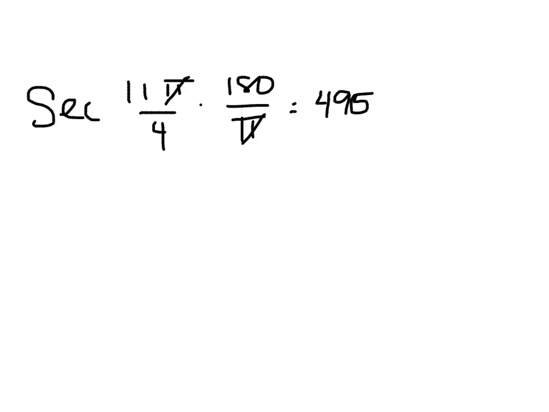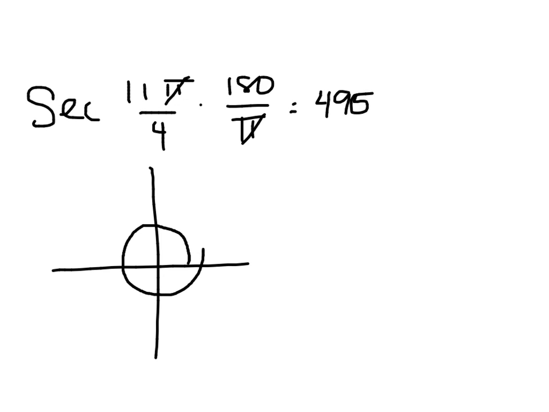So as far as finding secant, if you had 11 pi over 4, first thing I do, 180 over pi to get the pi's gone. If I take 11 times 180 and divide it by 4, I get 495. So a 495 degree angle: 90, 180, 270, 360, 450, 495 should be somewhere in this ballpark.